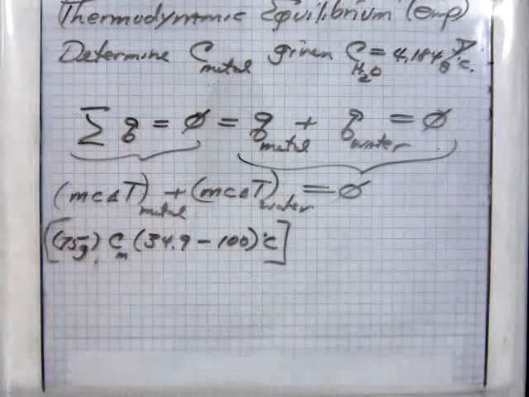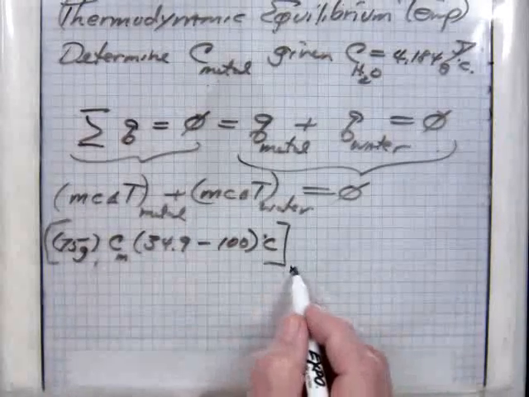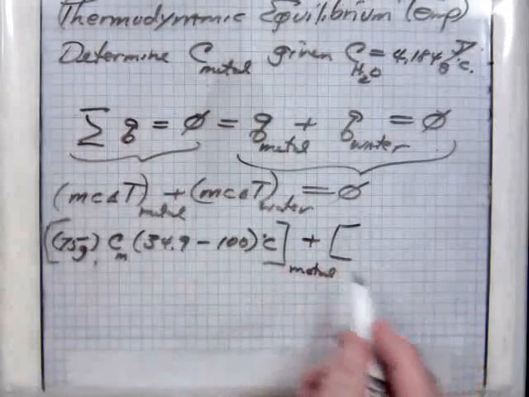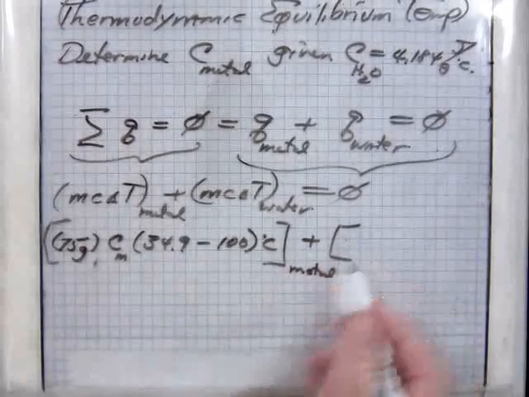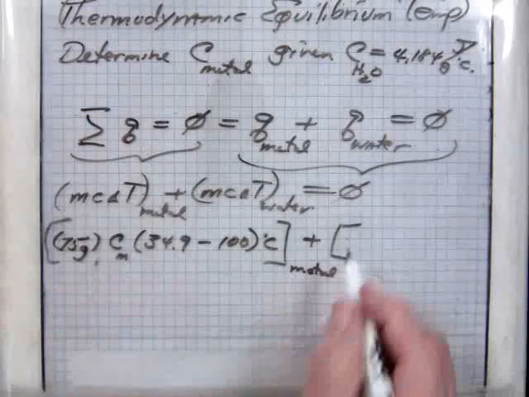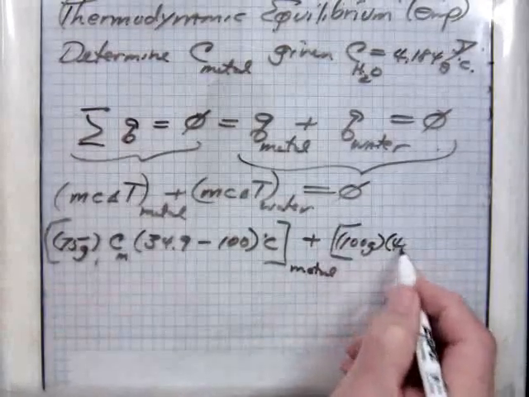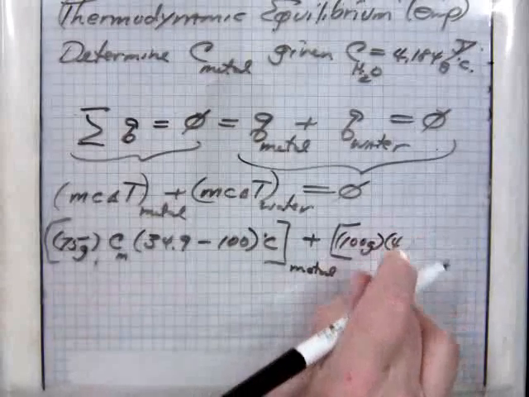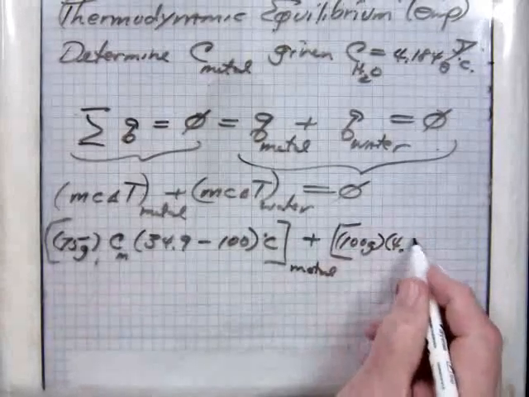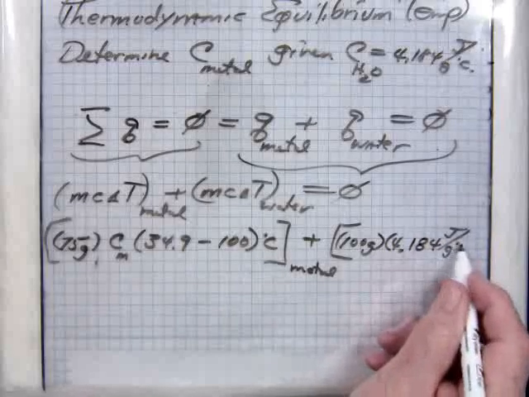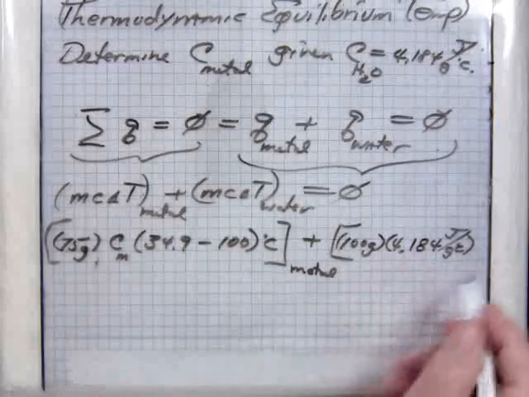And I'll show you. Okay, so here is the metal plus the MC delta T of the water, and how much water was it? 100 grams, okay. 100 grams of water is 4.184 joules per gram degree C, times the change in temperature.